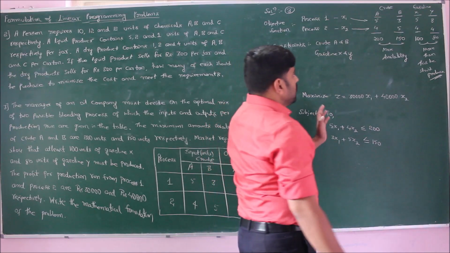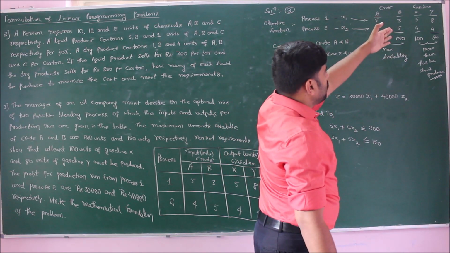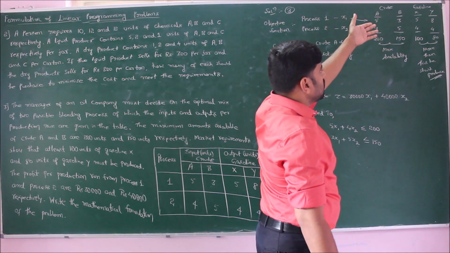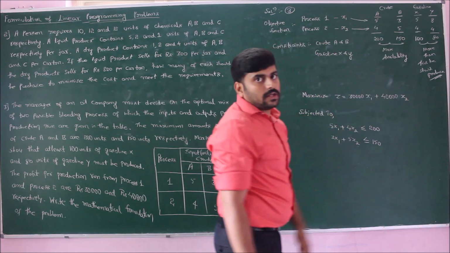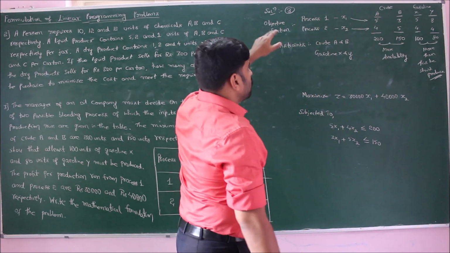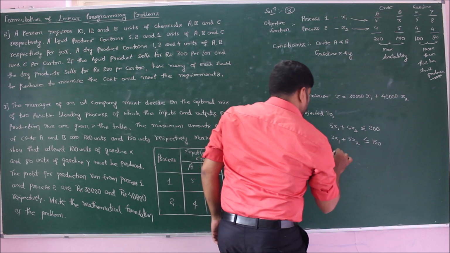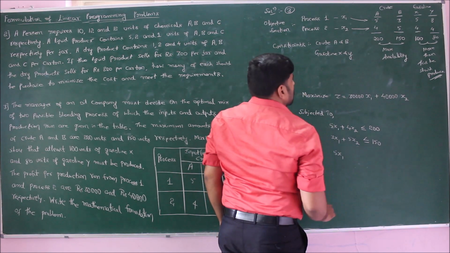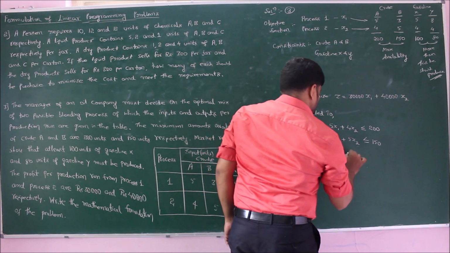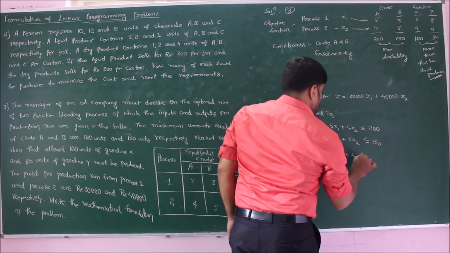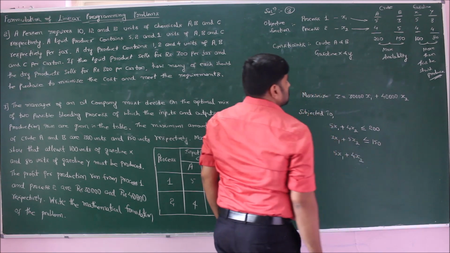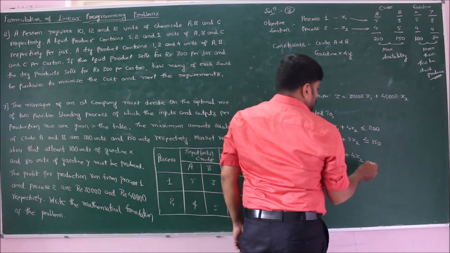Now, we will make the profit provided he produces 100 or more gasoline X and 80 or more gasoline Y. Coming to process 1, he is producing 5 units of gasoline X from process 1 and 4 units of gasoline X from process 2.